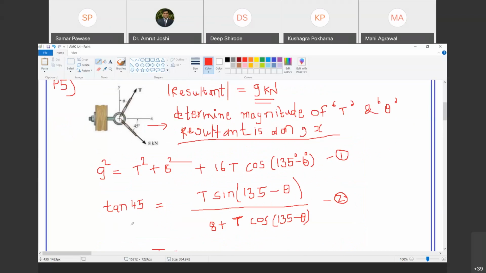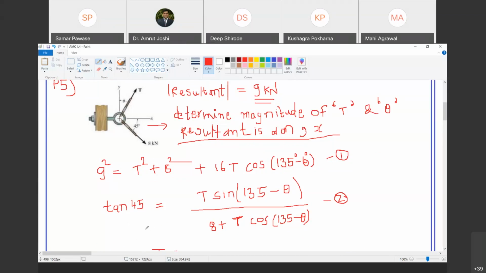Tell me. Sir, I am first trying to find out theta in terms of T. So I have used the formula of cos A minus B.